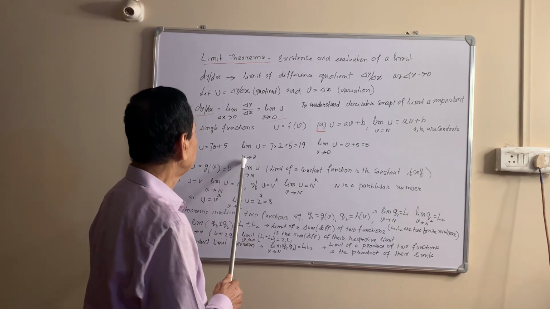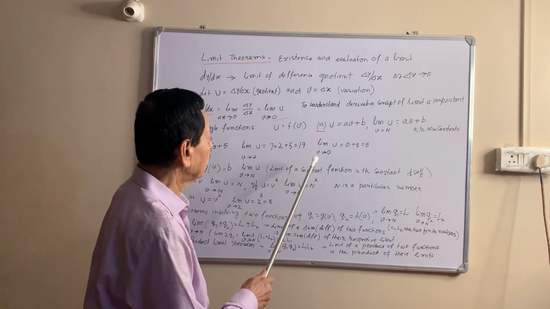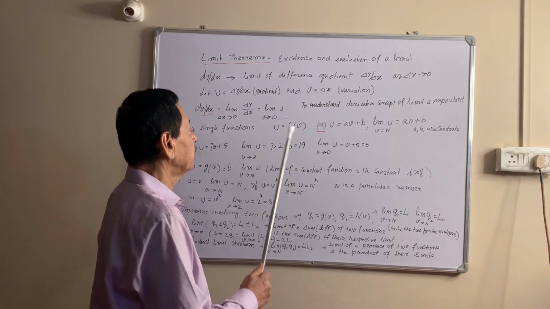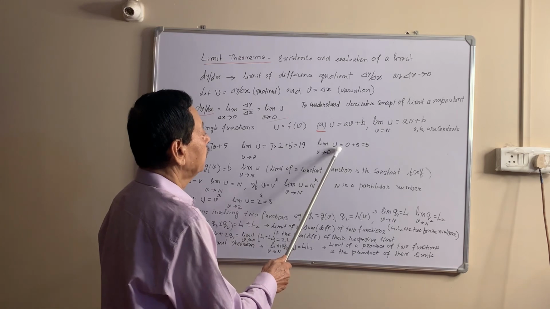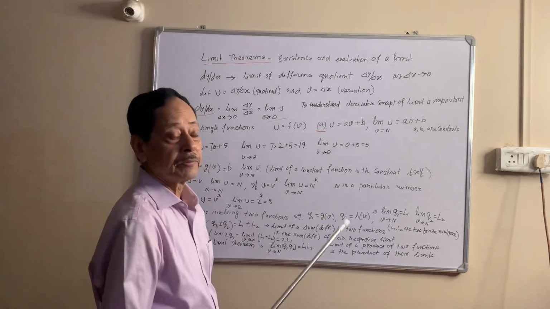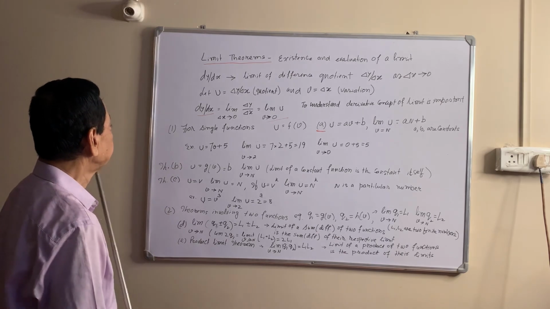So when v tends to 2 it is 19, but when v tends to 0, very small, the limit of u is 5.